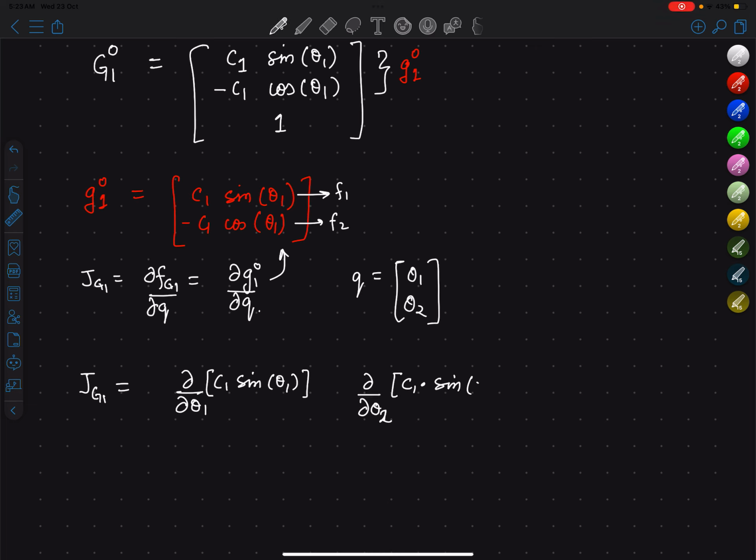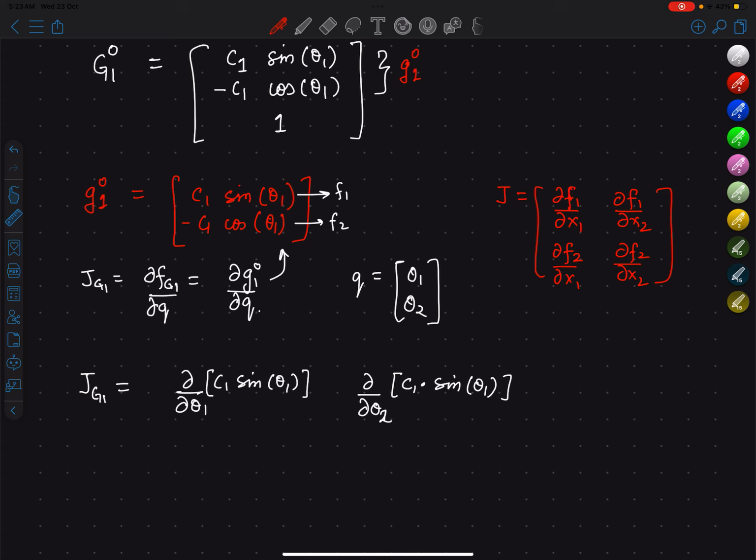Just for your reference, I'll write the formula for J, which is del F1 by del X1, del F1 by del X2, del F2 by del X1, del F2 by del X2, right?